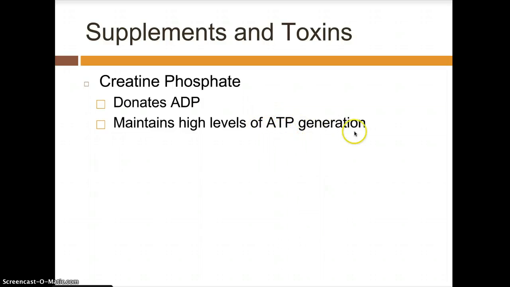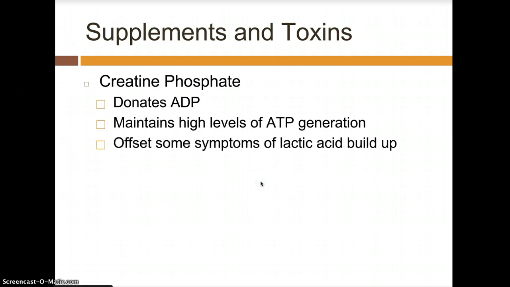So essentially it's reducing your need for oxygen and for aerobic respiration, and it's just providing the ATP for the muscles to allow continuous muscle contraction. So this offsets some of the symptoms of lactic acid buildup. Some bodybuilders will use this, and it's not generally a very widely accepted thing to do.